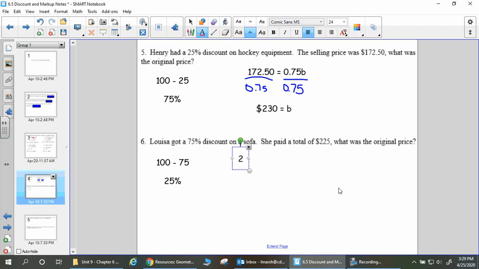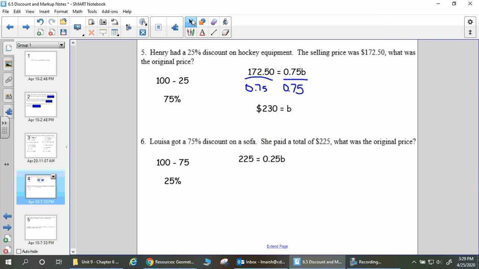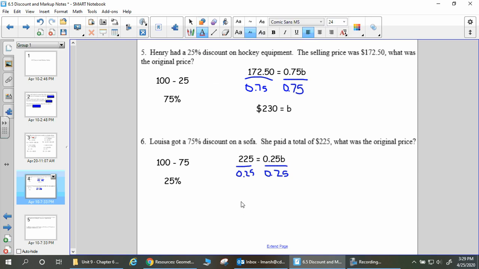She paid $225, which is 25% of what value? So divide both sides by 0.25. Ultimately, 225 divided by 0.25, the original price is $900 for that sofa.